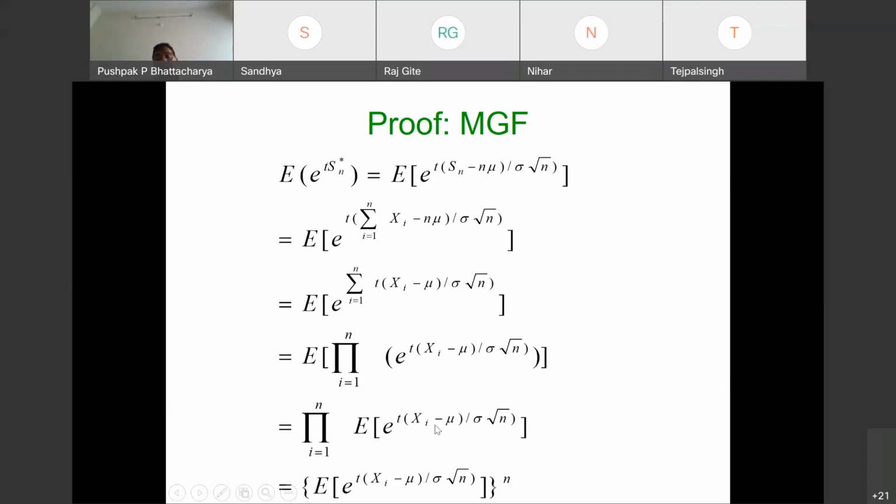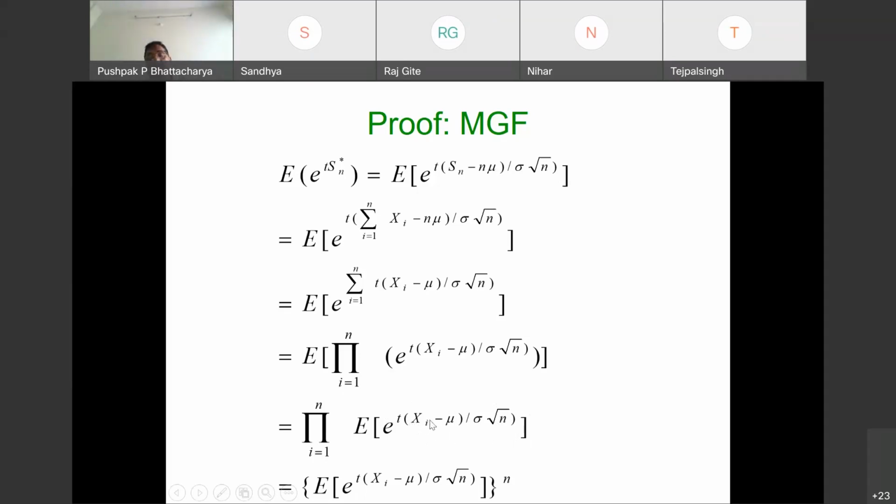Expectation of e to the power t times x1 minus mu divided by sigma root n will be nothing but this value, as x1 takes different values. x1 is a random variable, so the different values of x1 will be plugged here, multiplied by the probability of that particular value.